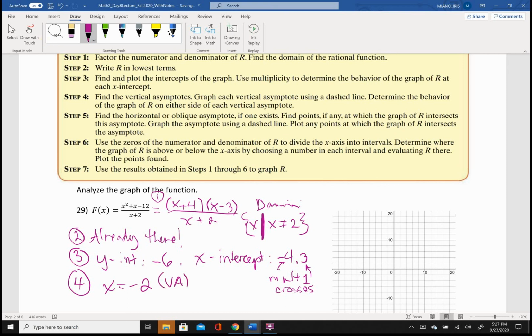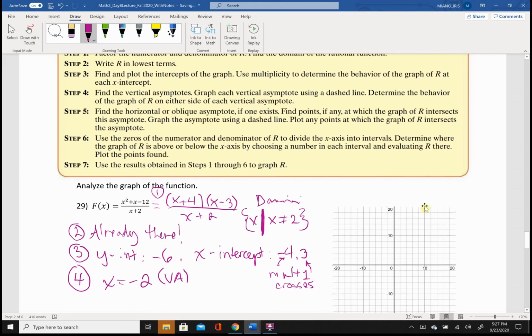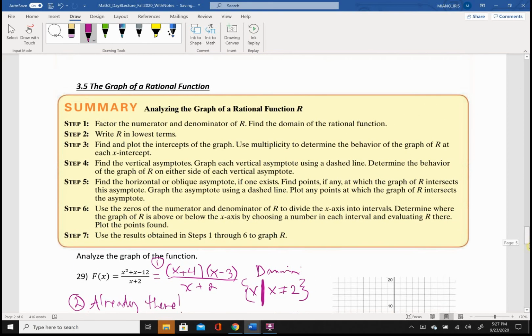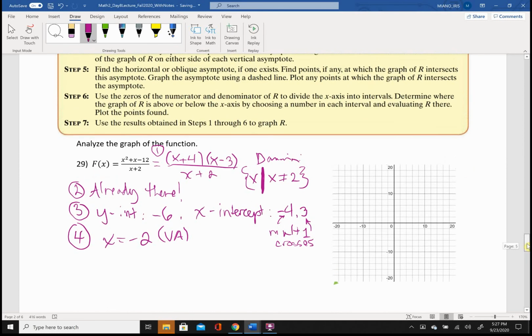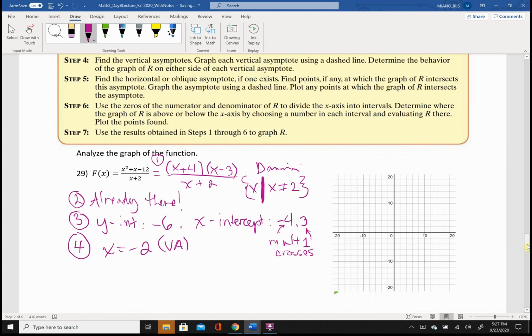And then as far as the behavior is concerned on either side, we could talk about how, if we are discussing end behavior, the power function of this would be along the lines of first degree. So it'd be acting like an odd function. So we know that we're going to have 2 curvy bits on either side of our asymptotes.